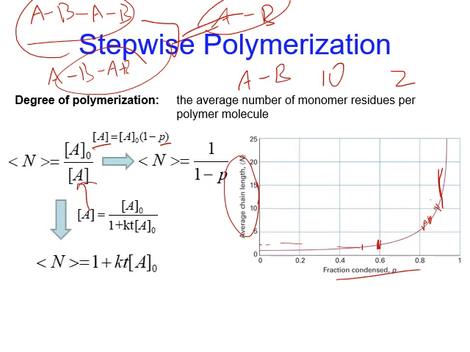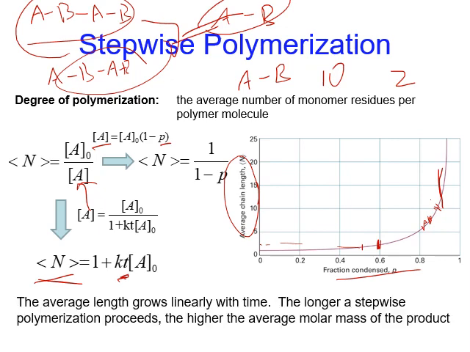Then we can calculate the degree of polymerization as a function of time, and it shows that the degree of polymerization increases with time linearly, so the average length grows linearly with time. The longer the stepwise polymerization proceeds, the higher the average molar mass. Okay, if you want to grow a longer chain, you should leave it for a long time.